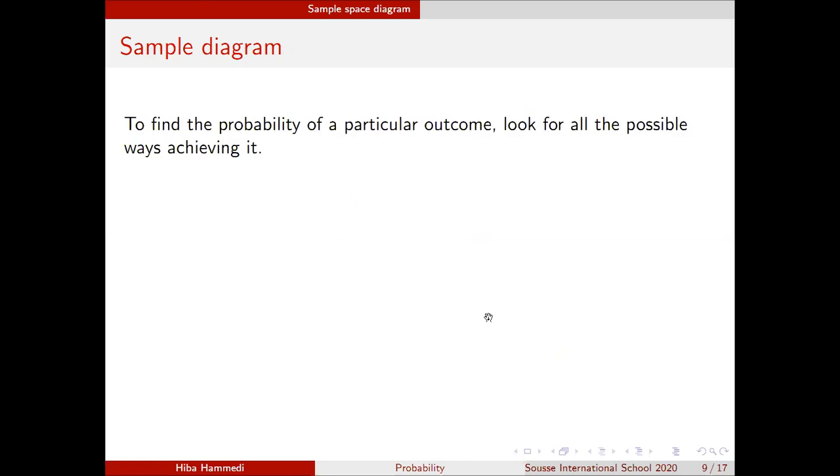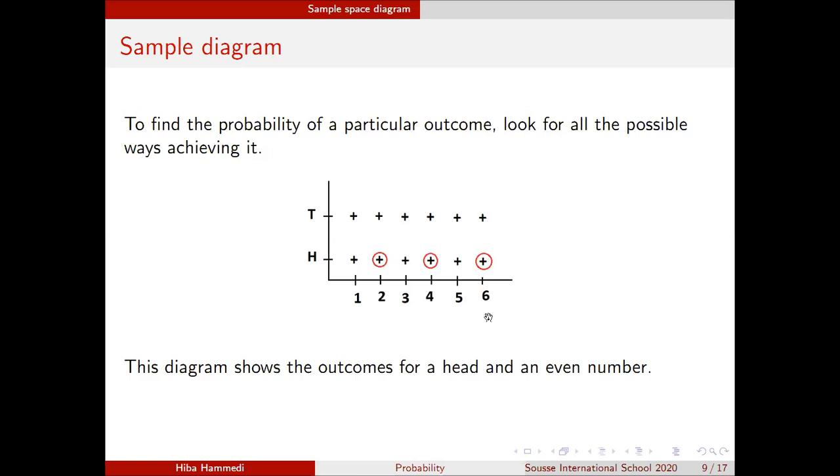Right? So to find a certain probability of a particular outcome, I need to look for all the possible ways of achieving it. Let's take an example to understand it. For example, if I would like to get the probability of getting a head and an even number, this line will give you all the possible outcomes with head, and the columns will give you the possible outcomes with getting an even number or a certain number.